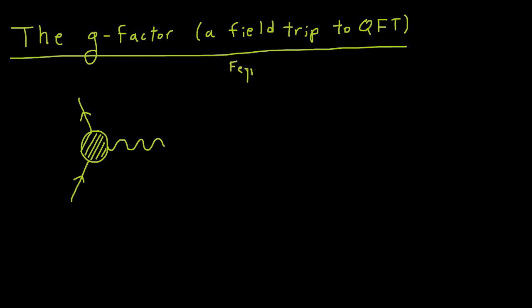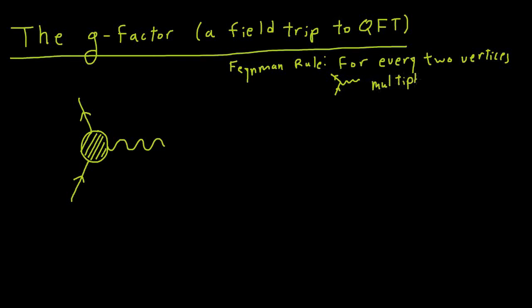So here is one Feynman rule. For every two vertices, and by vertex I mean one of these interaction vertices where an electron interacts with a photon, multiply the number by this coupling constant called alpha.